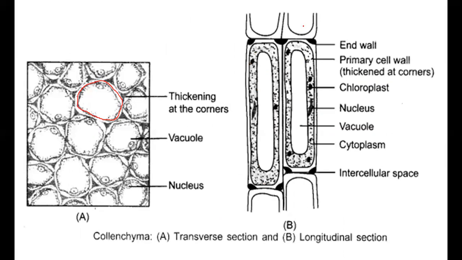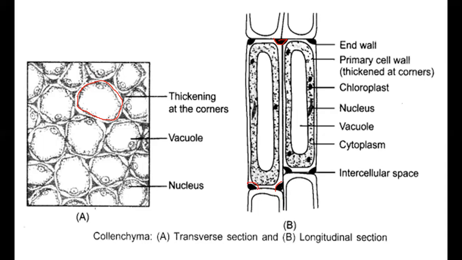So these are the basic characters that are present in the parenchyma cell. The thickenings are more in the corners of the cell. So these are the corners. These corners are basically more thickened by hemicellulose and pectin. These are the substances.